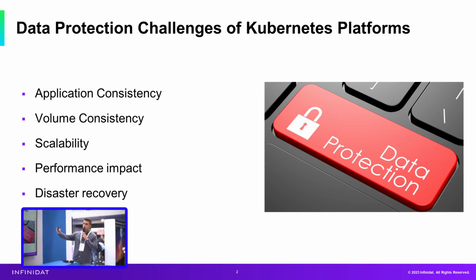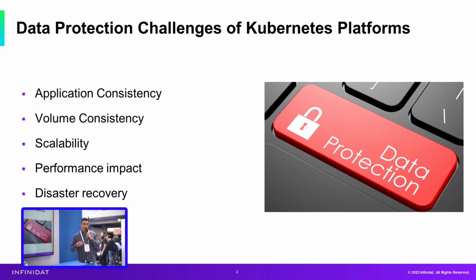Also, Kubernetes works with a different approach. Next is volume consistency. If you have a containerized application, the containers are allocated and consume volumes that are separate from the Kubernetes platform, so it's very hard to achieve volume consistency.